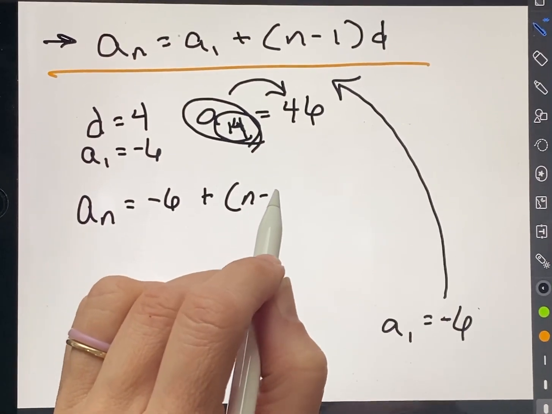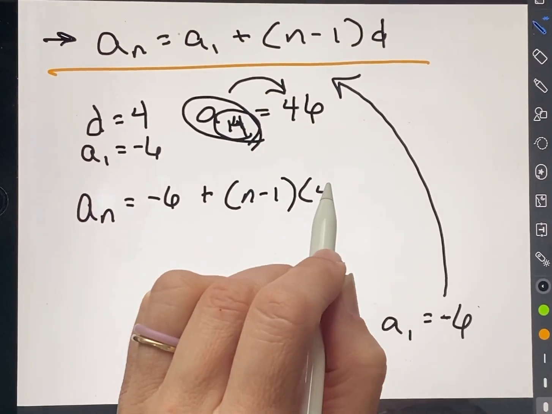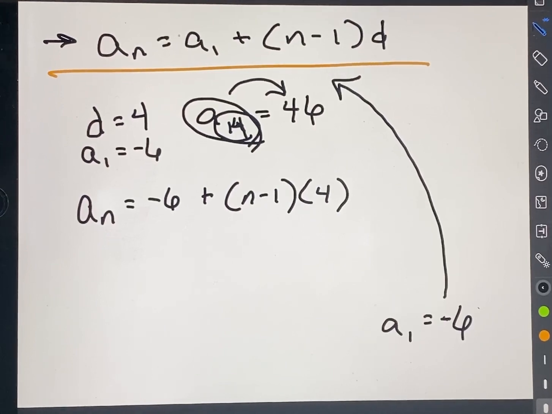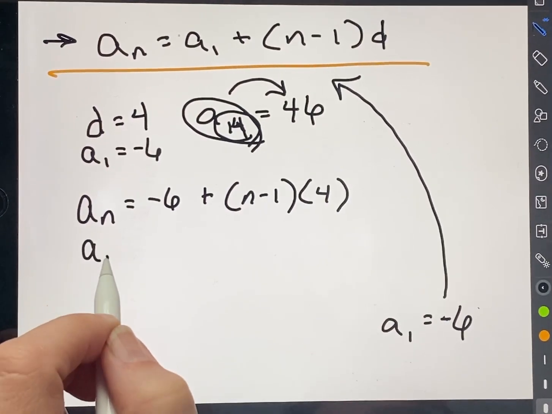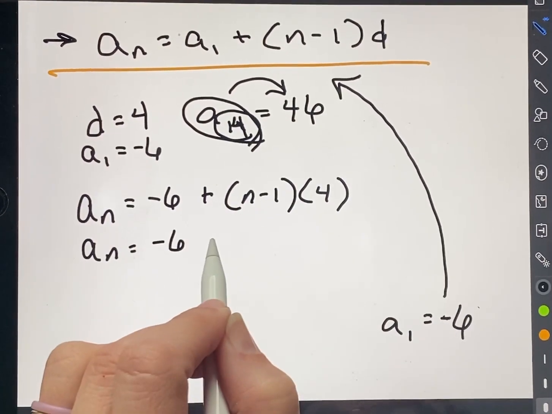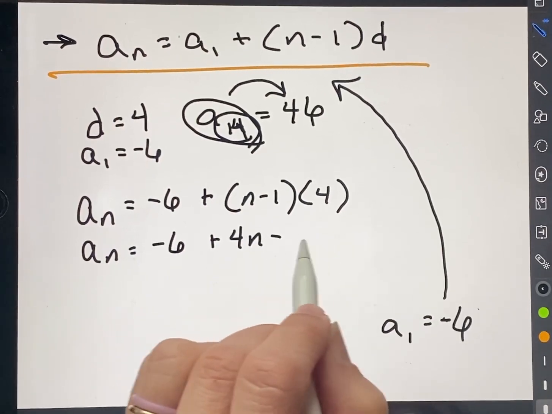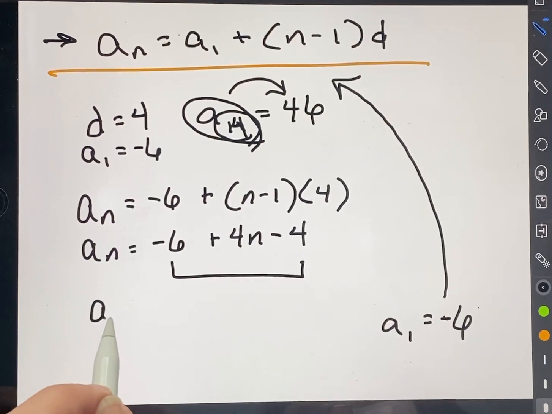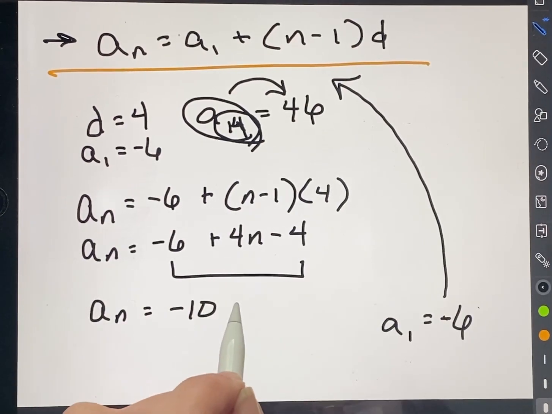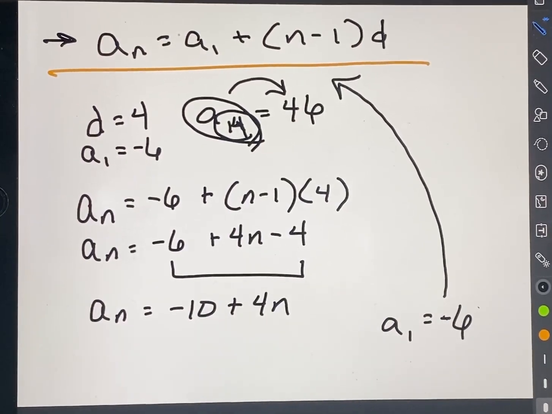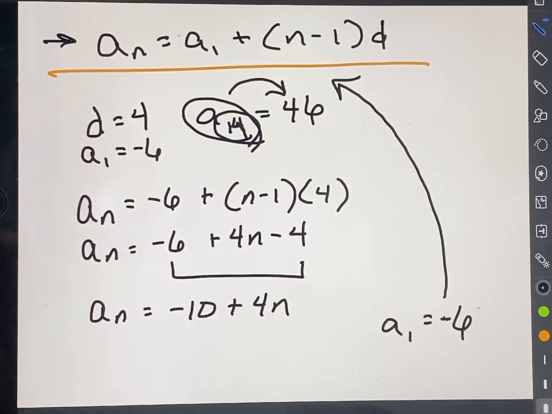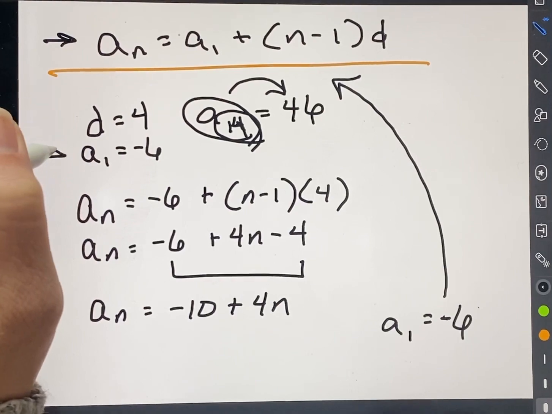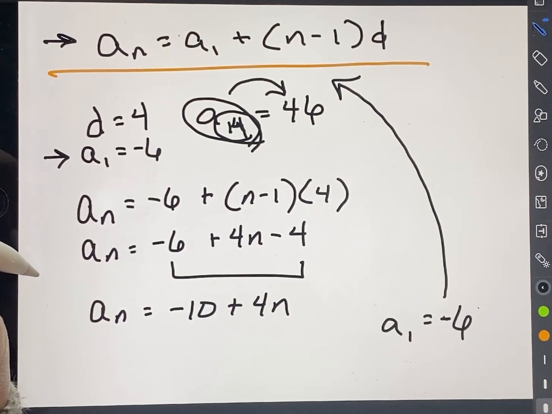I'm going to jump a certain number of times, and every time I jump, it's going to be 4. Let's simplify. -6 plus 4n minus 4. I have like terms that I can combine. A sub n equals -10 plus 4n.